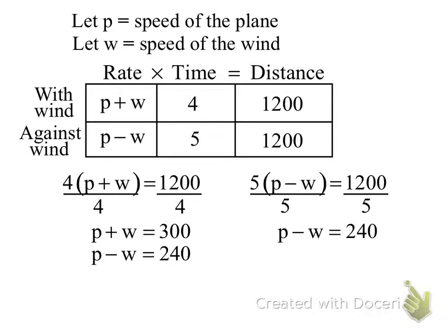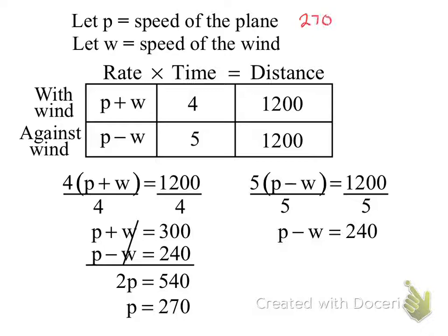Why? Because I have a positive and a negative. And if I do that, then we'll have 2P equals 540. Divide by 2, and we get P is equal to 270. Now, what does that mean, P equals 270? What does that mean? Yes. The plane speed without the wind in general is 270.